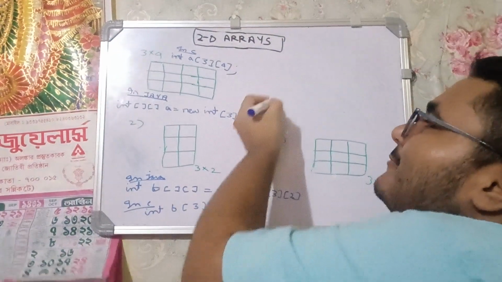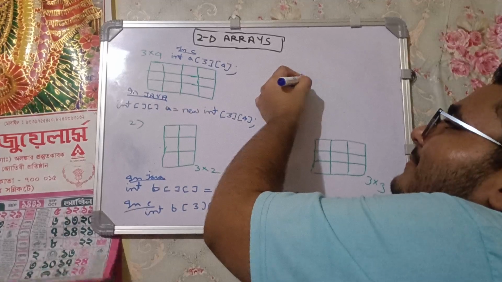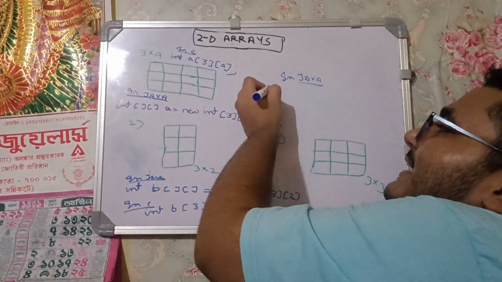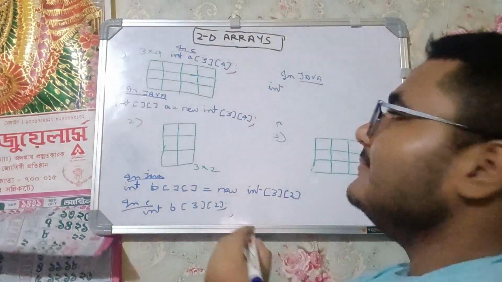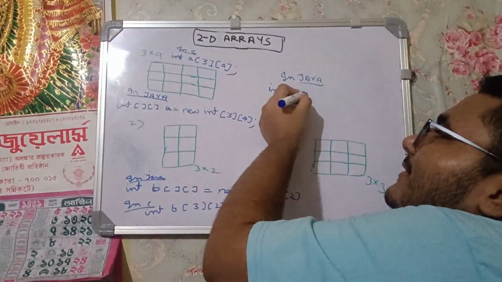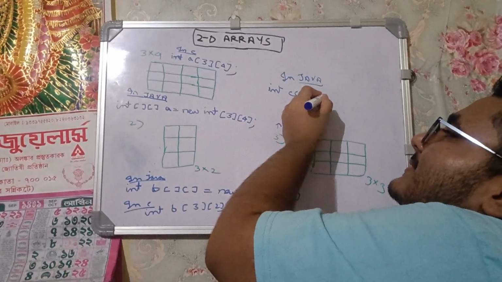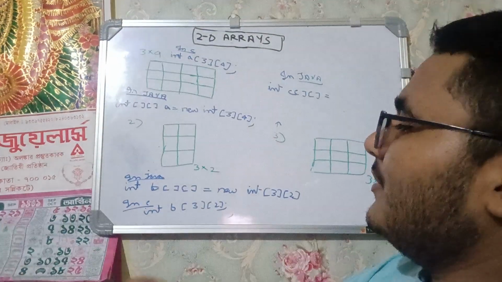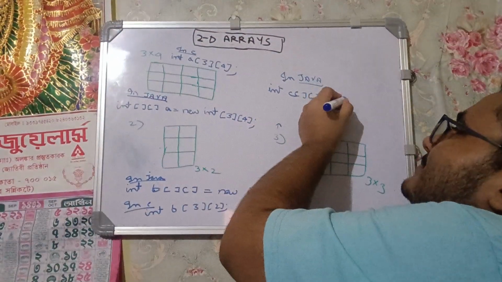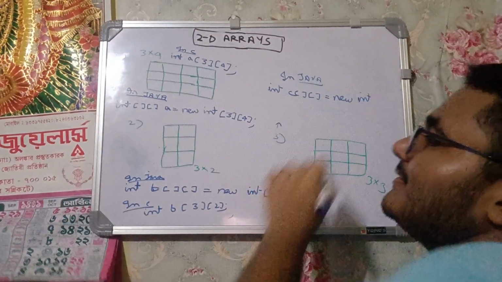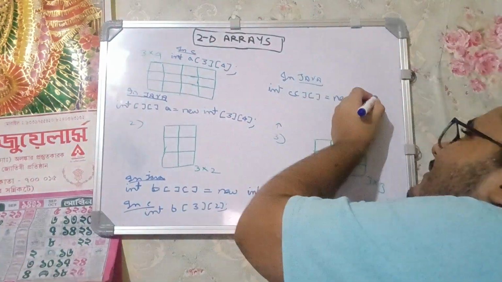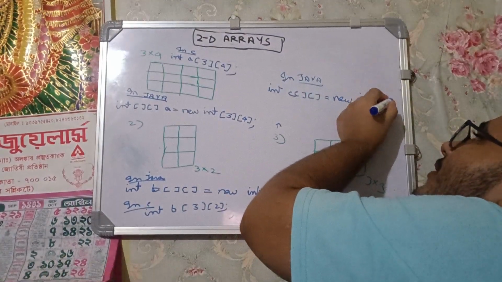So how can it be written in Java? In Java, int a, say C, array bracket is equal to new int[3][3].